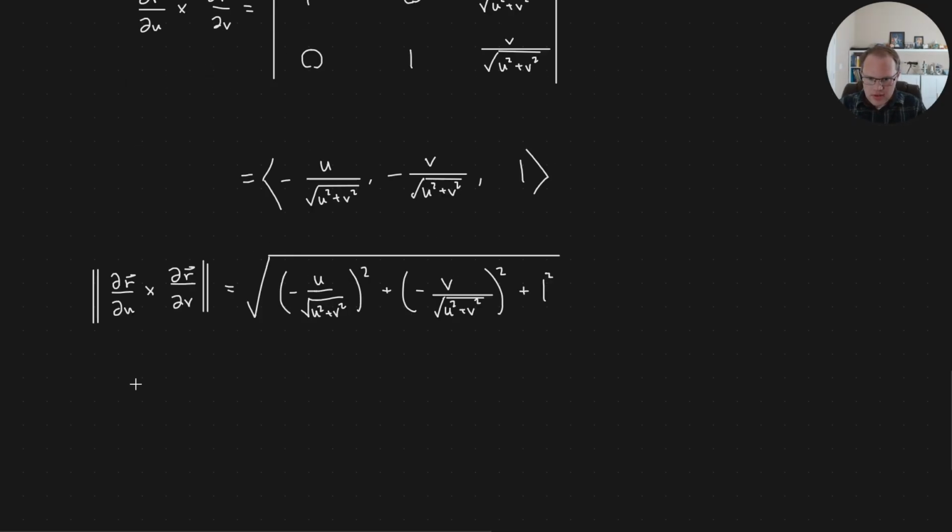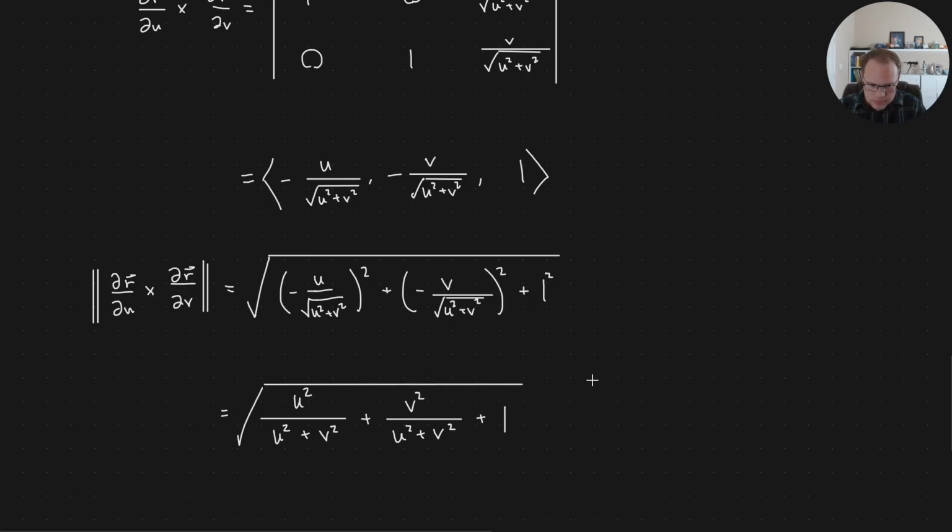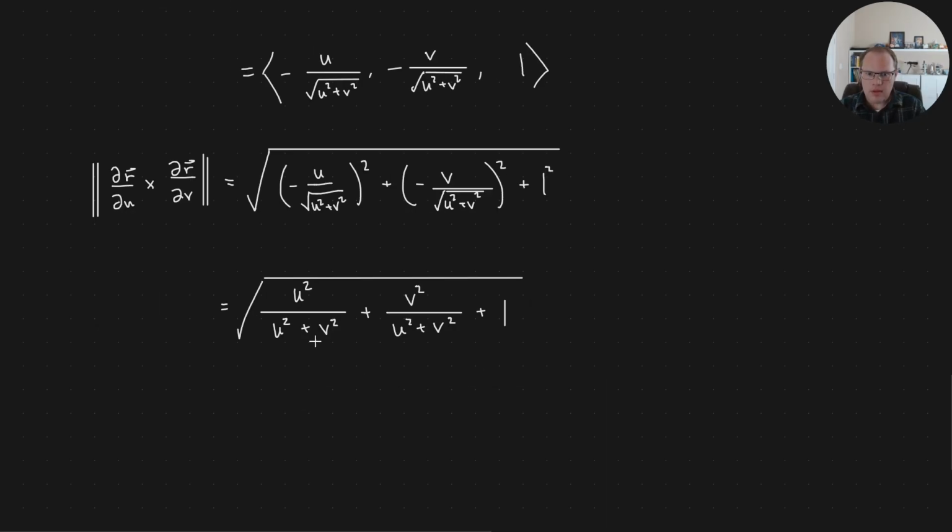So that's going to give me the square root of u squared over u squared plus v squared, plus v squared over u squared plus v squared, plus 1. These have a common denominator. If I add them, I get u squared plus v squared over u squared plus v squared. I'll get 1. So I just get the square root of 2.